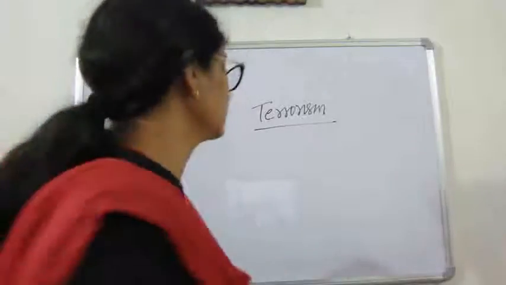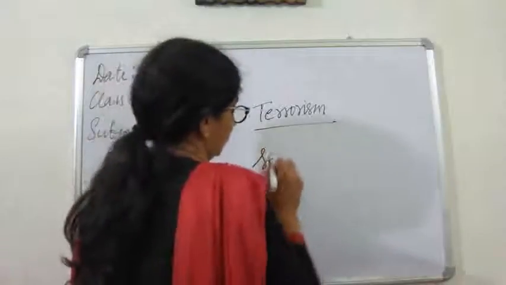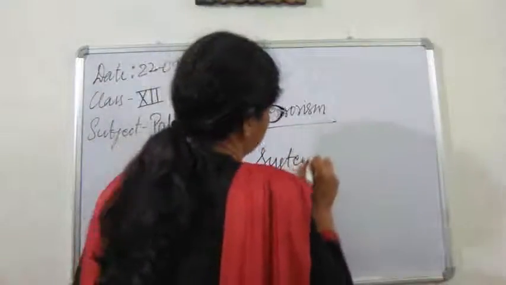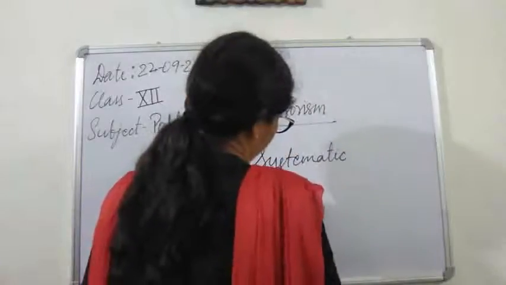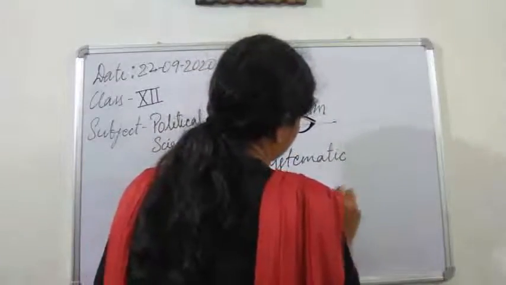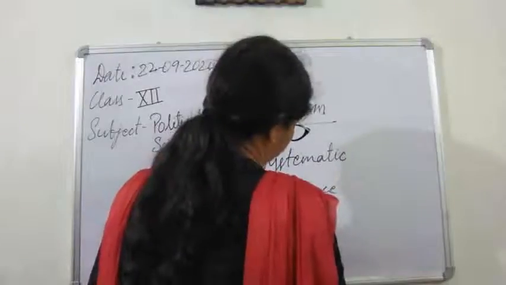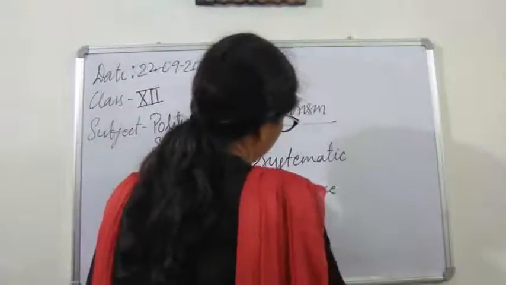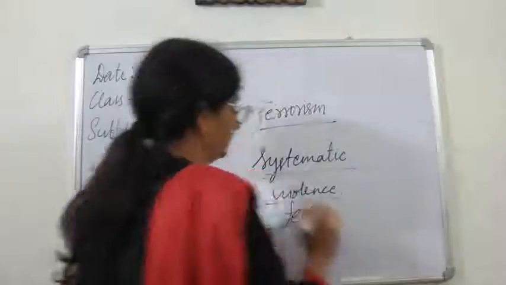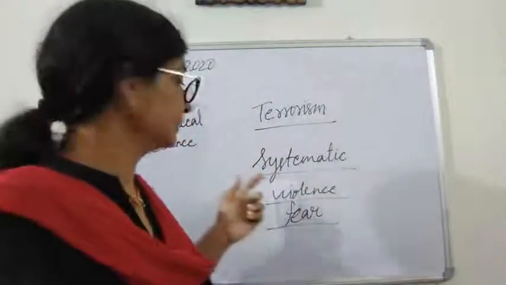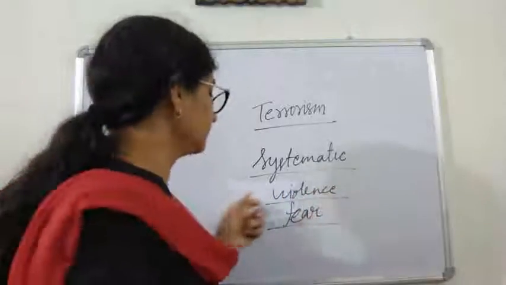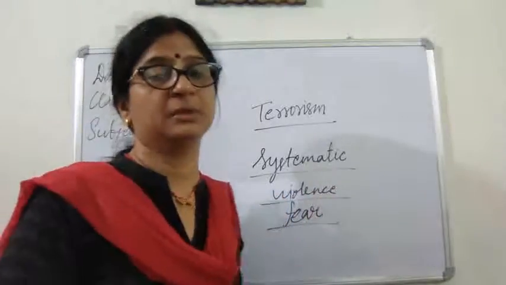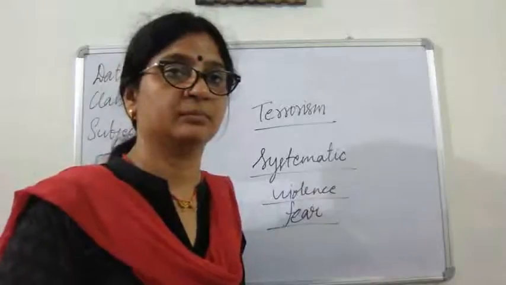So there are some important terms regarding the terrorism: systematic, violence and fear. तो आप जब भी इसको डिफाइन करेंगे तो इसमें ये तीन टर्म्स आने चाहिए. It's a systematic use of brutal violence which creates fear in the society.